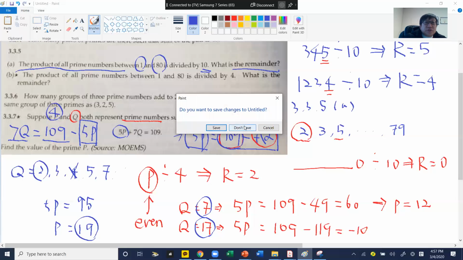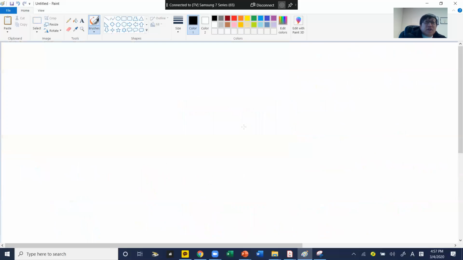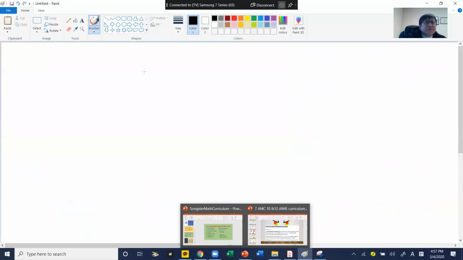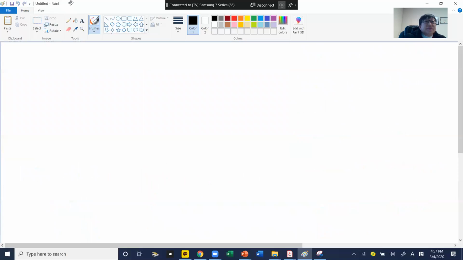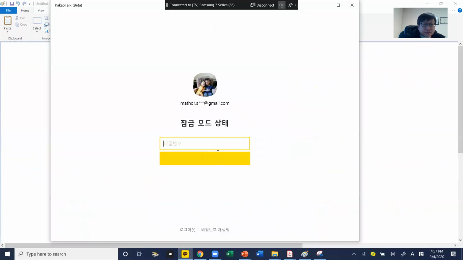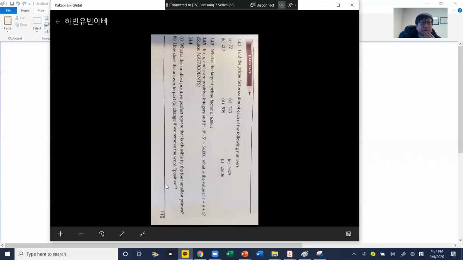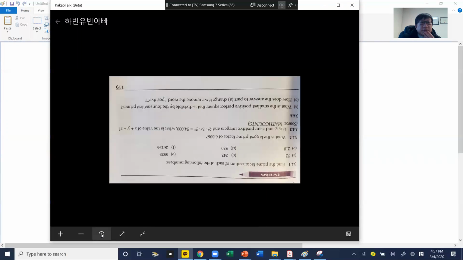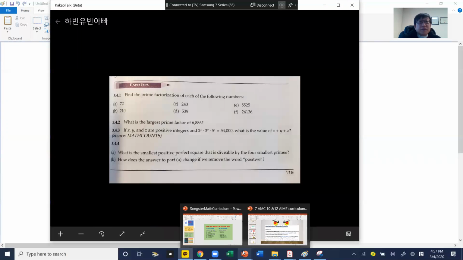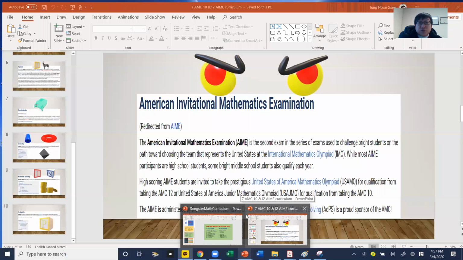No more questions for this section, right? Okay, how about the next one? How about the prime factorization part?